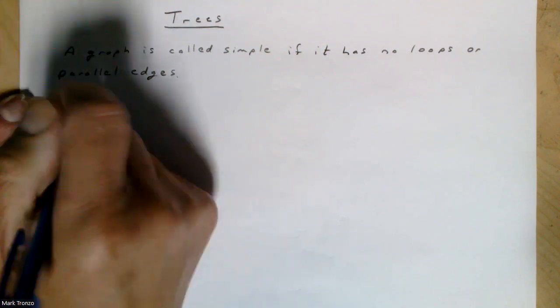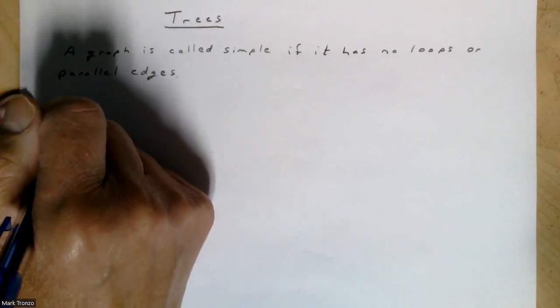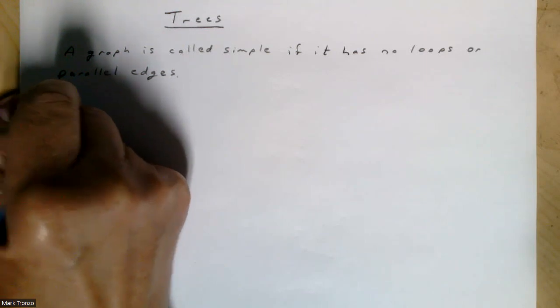And a graph is said to be circuit free if and only if it has no circuits.